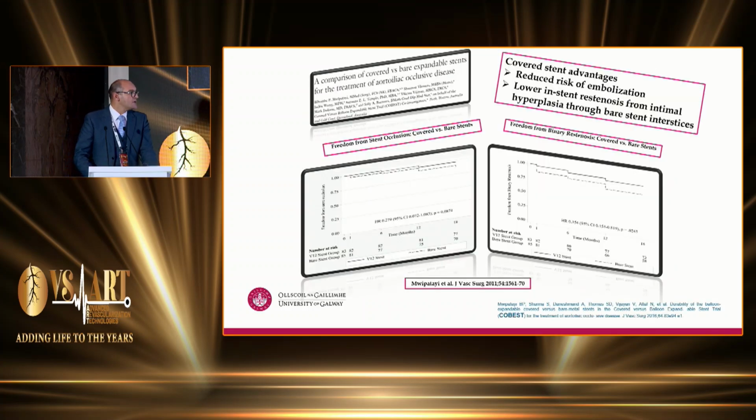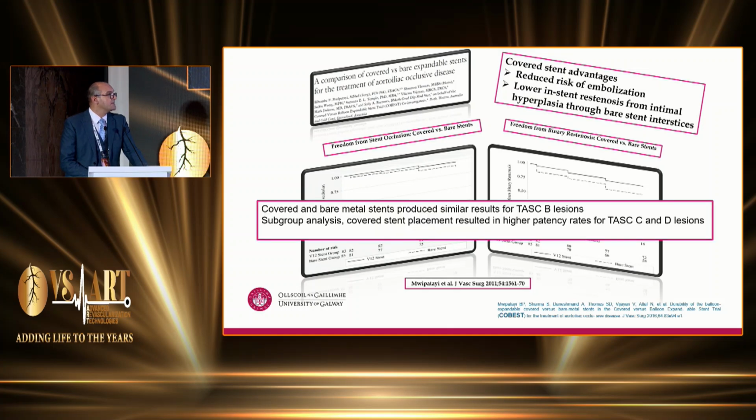So the COBUS trial, as has already been mentioned by Martin Schroeder in the earlier session, has looked at covered stents and the advantages of covered stents over uncovered stents in the iliac segment. And mainly for TASC B lesions, there isn't really much of a difference when it comes to covered and bare metal stents.